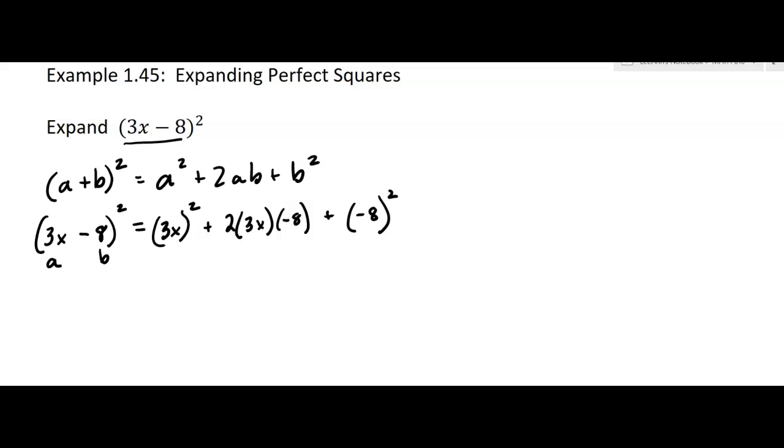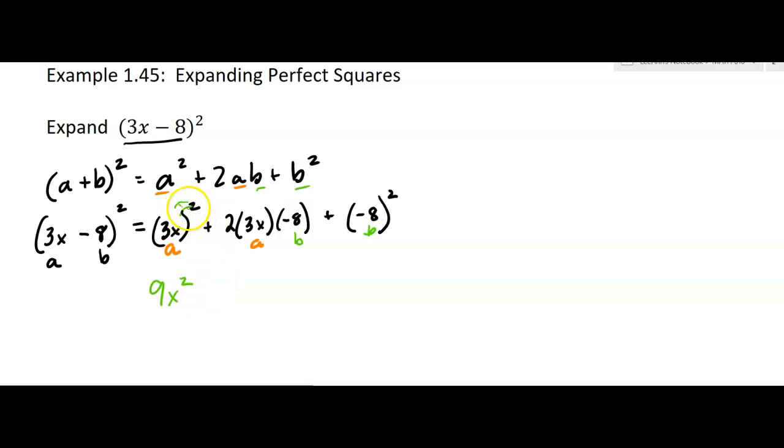Okay, but let me show you. This is the a. See how it's there and there? And then this is the b. See how it's there and there, okay? So that's how you could write it out with the formula. Not done yet. So this is going to be 9x squared, because you got to square the 3 and you got to square the x, right?